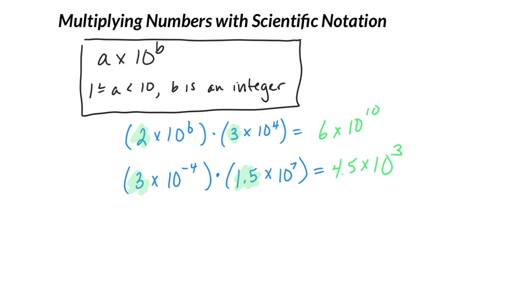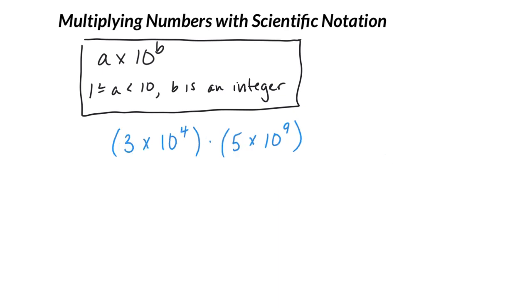Let me show you another example. Okay, so this problem seems pretty straightforward. Once again, we can just look and say, all right, well, 3 multiplied by 5 is 15. And then we'd say we have 4 multiplications of 10 and 9 multiplications of 10 for a total of 13.